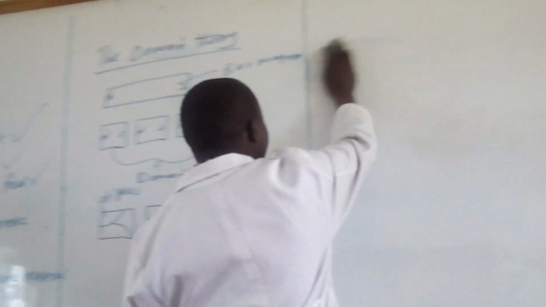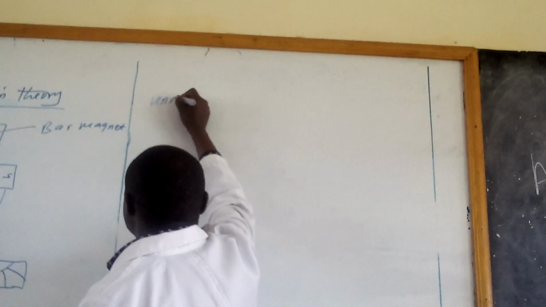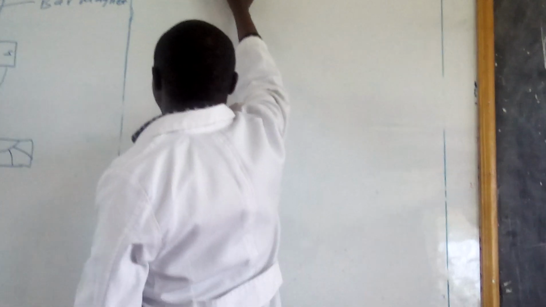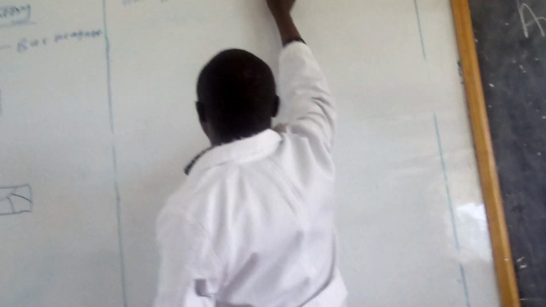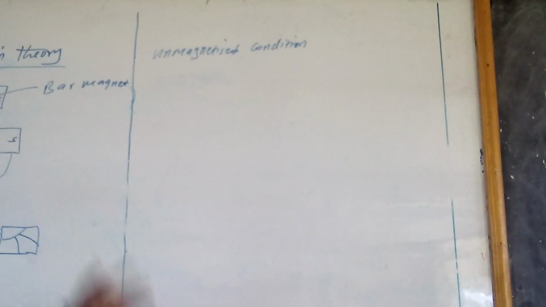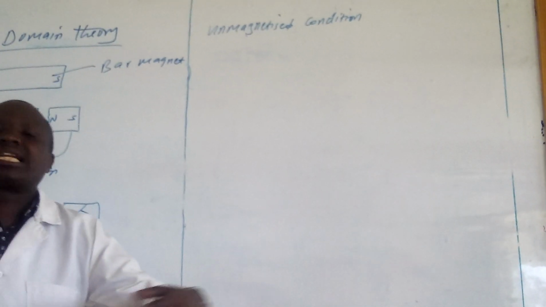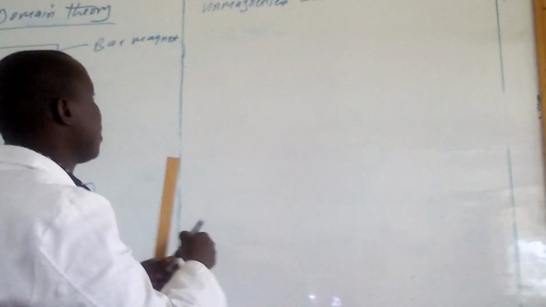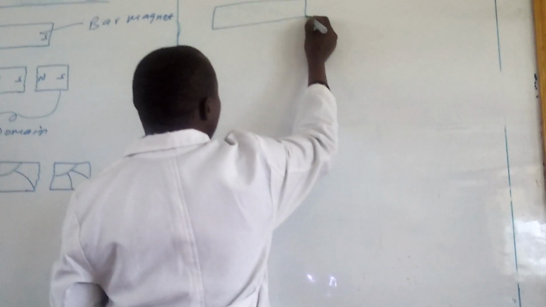For example, let's say this is the unmagnetized condition. Remember, here we are talking about a magnetic material, and we know a magnetic material is just attracted by the magnet, but it is not a magnet. In the unmagnetized condition, this is what we have.